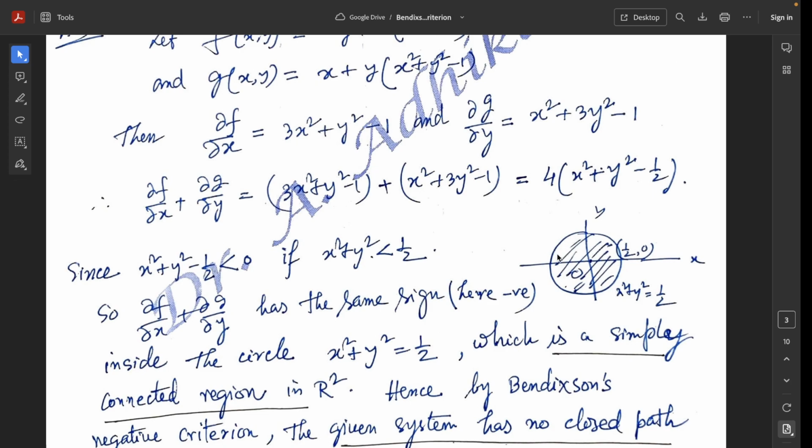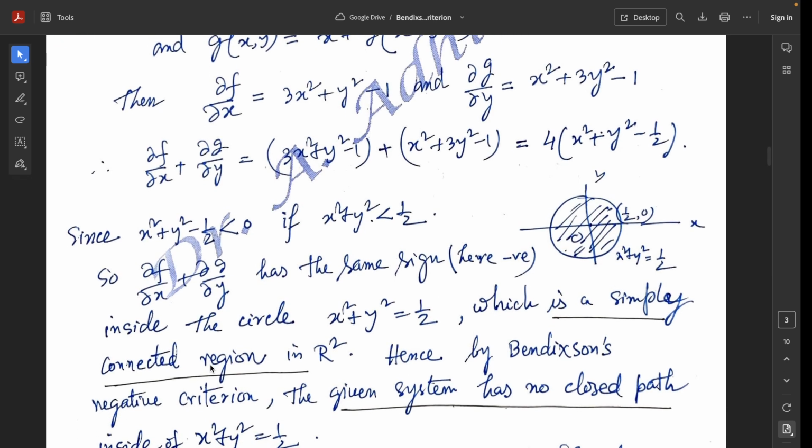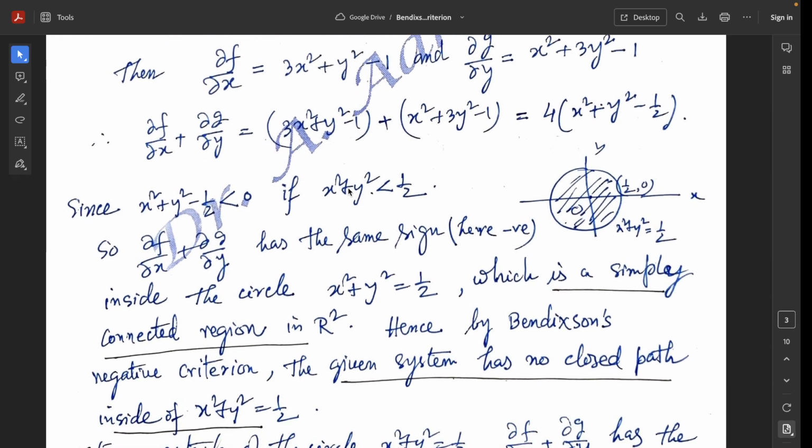Actually, they are negative. Also this region is a simply connected region in R2. Hence, by Bendixson's negative criterion, the given system has no closed path inside the circle x square plus y square equal to half.